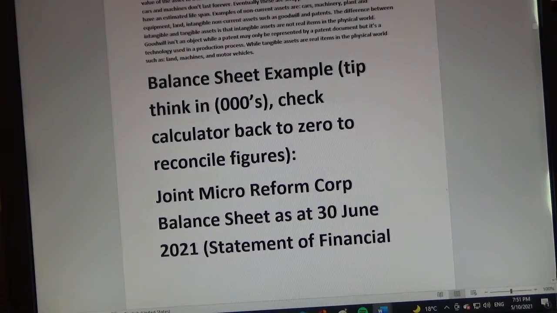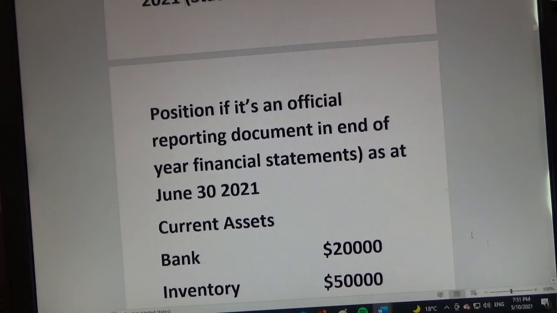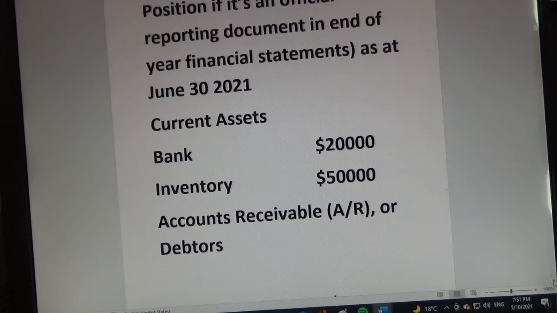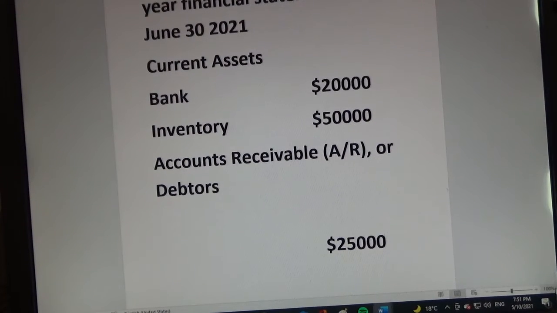If the balance sheet is used for official reporting, it's a statement of financial position at the end of the financial year, along with the other financial statements, the profit and loss statement and the cash flow statement.